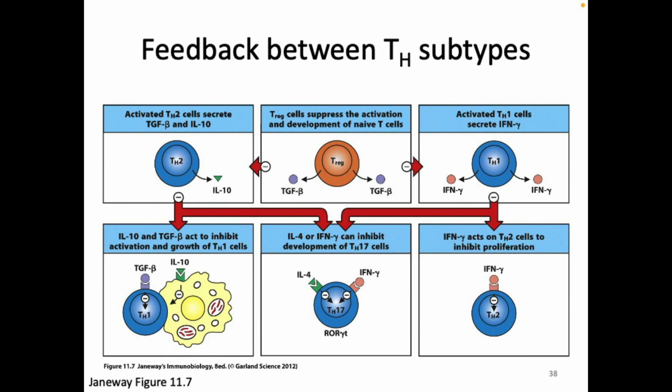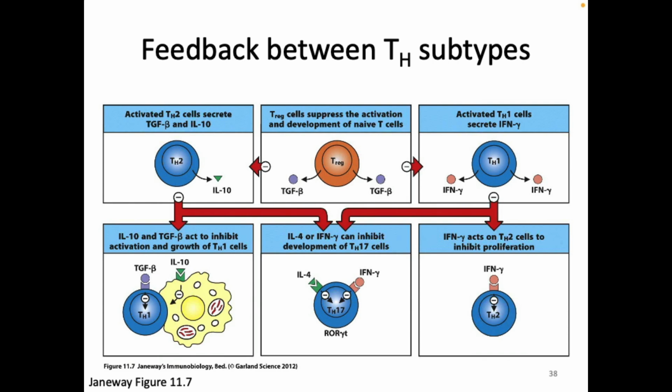And just like when we originally had this idea that Th1s inhibited Th2s and Th2s inhibited Th1s, now that we know about all the different kinds of helper T cell subsets, we know that they all inhibit each other. So if you make a Th2, it inhibits Th1 and it also inhibits Th17. Th1 inhibits Th17 and Th2.